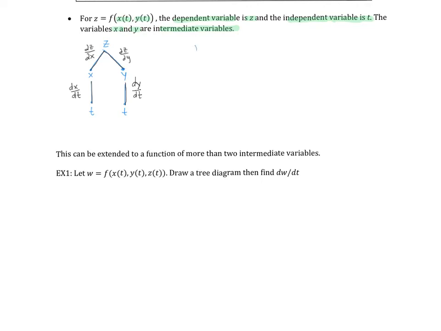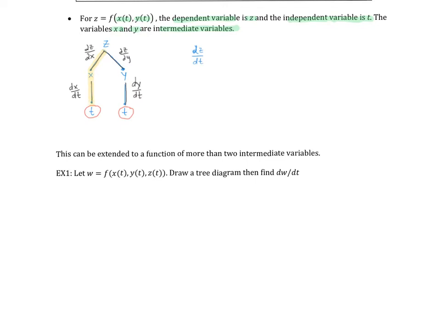So if I want to find the derivative of z with respect to t, and this is not a partial derivative, it's a derivative because this is the single variable t, then I have to follow down both of these branches. I have to first take the derivative of z with respect to x and the derivative of x with respect to t.